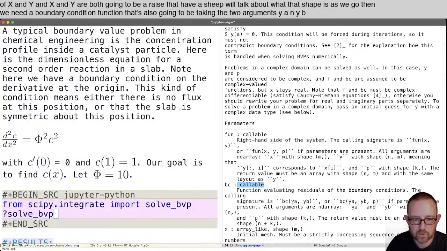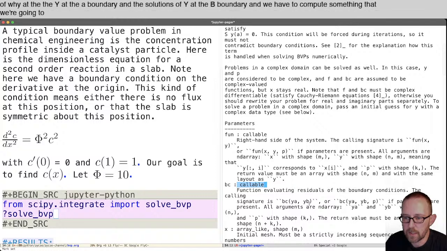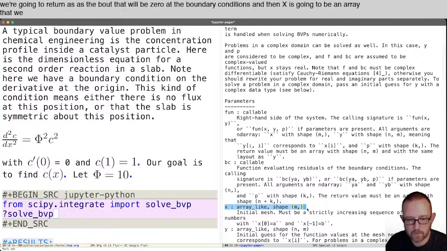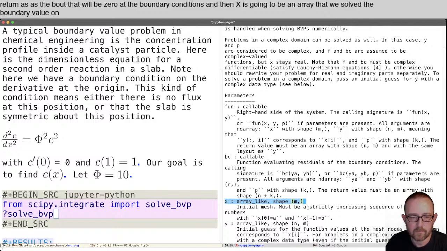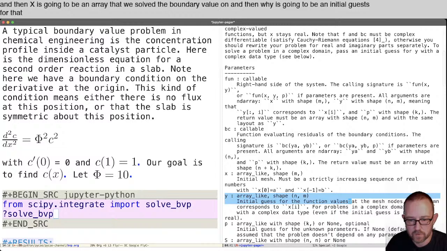That is the solutions of y at the a boundary and the solutions of y at the b boundary. And we have to compute something that we're going to return that will be 0 at the boundary conditions. And then x is going to be an array that we solve the boundary value problem on. And then y is going to be an initial guess for that function solution.